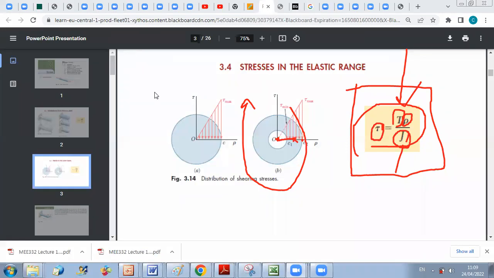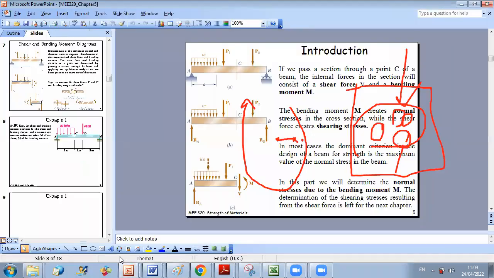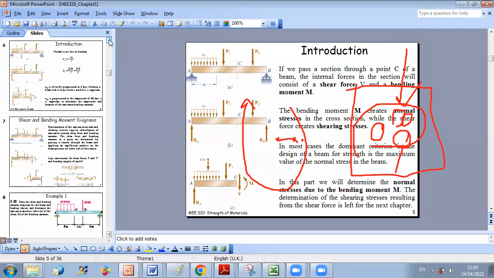Now, concerning the effect of bending moment, you can go back to chapters 4 and 5, where we considered the effect of bending moment on the normal stress distribution.